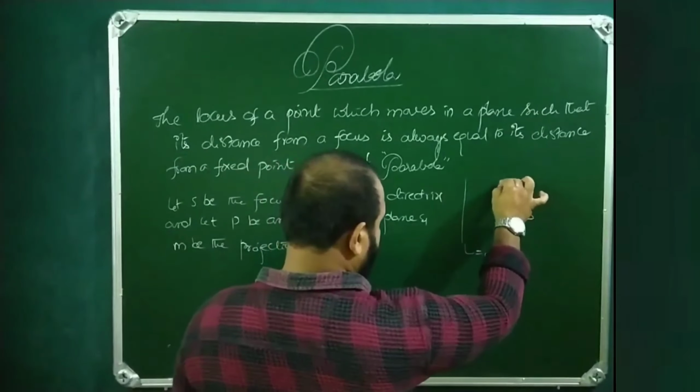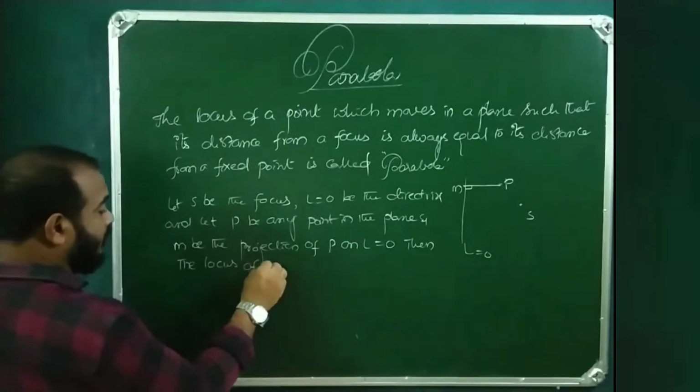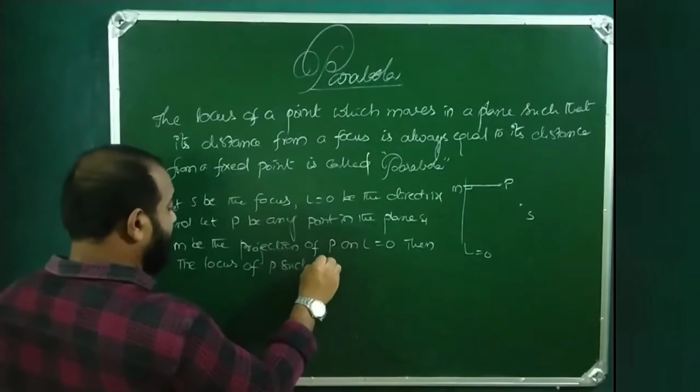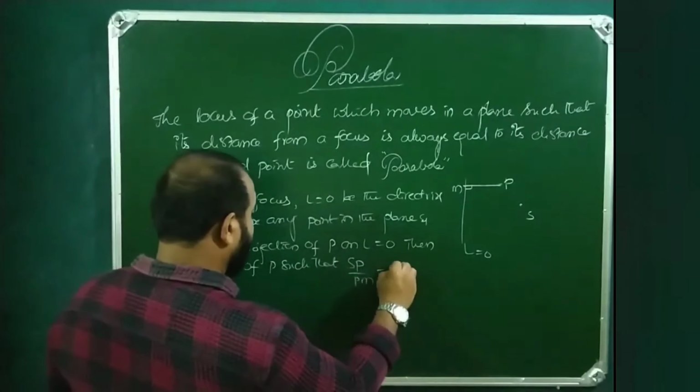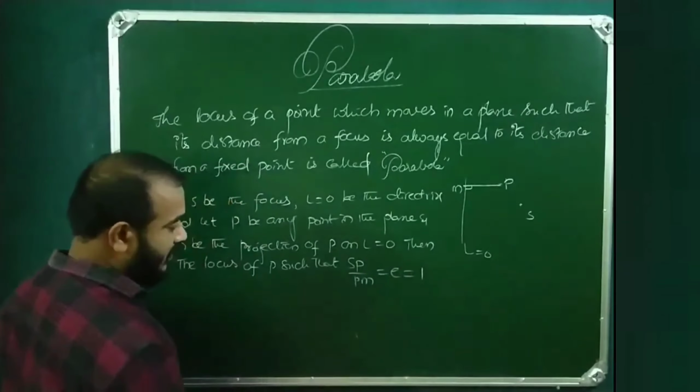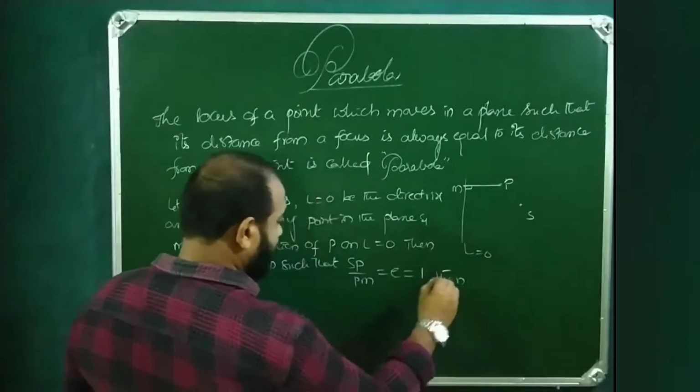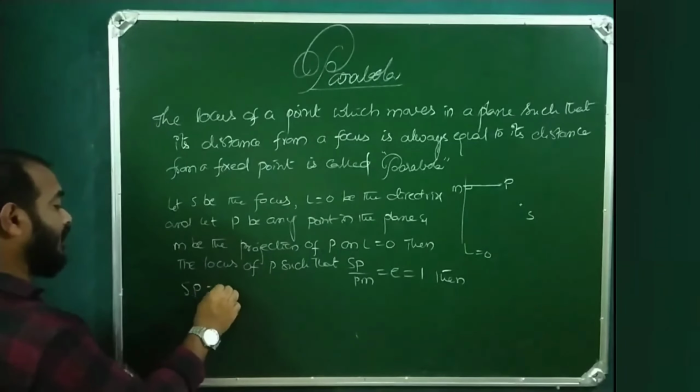Then the locus of P such that SP by PM is equal to e, where e is equal to 1, then SP is equal to PM.